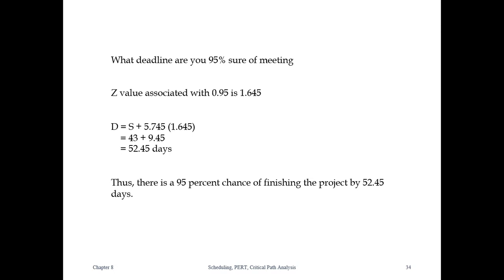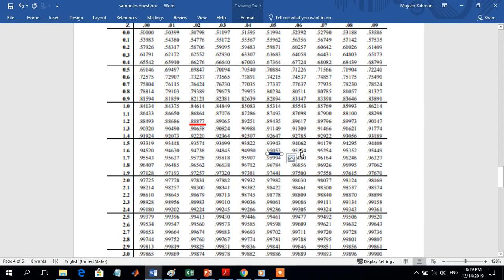In such cases, we're supposed to do a reverse process where we have to find the z-score corresponding to 95% from the same normal distribution table. The z-score corresponding to 95% approximately is 1.6 from the row plus 0.05 from the column.